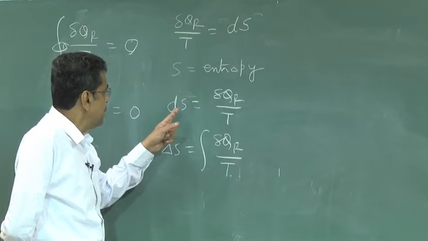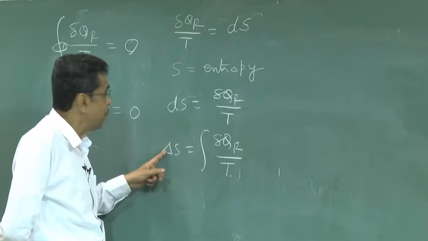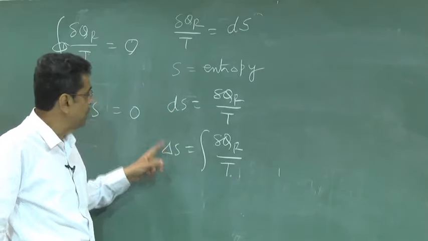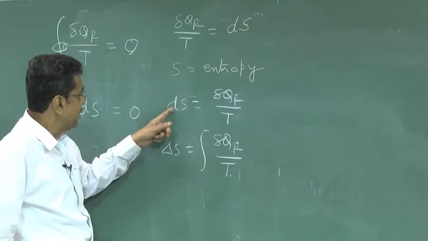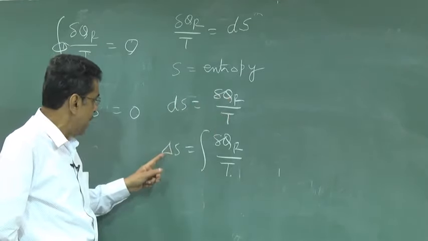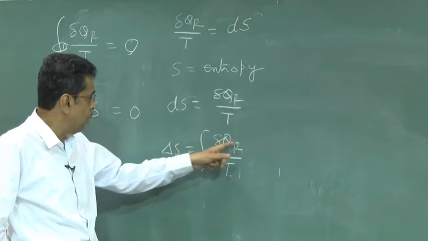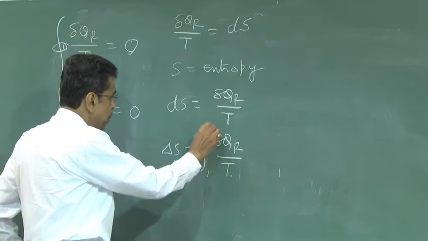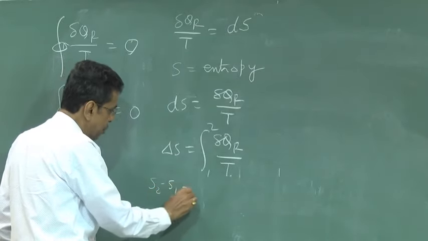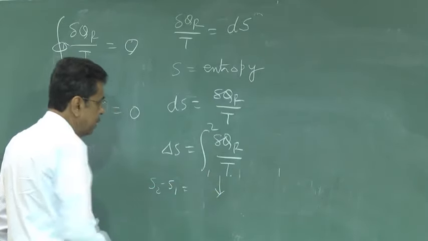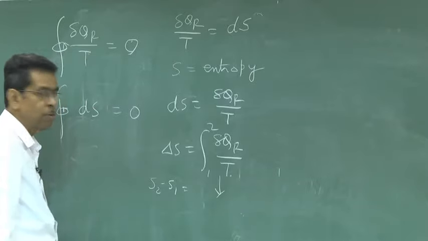Now see that this way the birth of entropy, or the first definition of entropy, comes through its change. A differential change is δq_R/T, and a finite change is the integral of δq_R/T. That means for a process connecting two states 1 to 2, S2 minus S1 is the integral from 1 to 2 of δq_R/T.